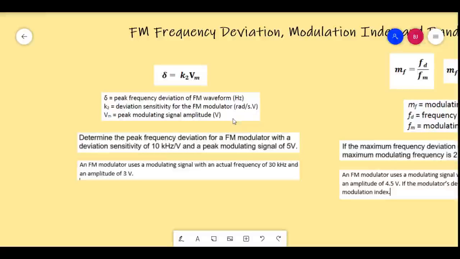The peak modulating signal amplitude is the highest amplitude of the modulating signal that would result in the highest frequency deviation.